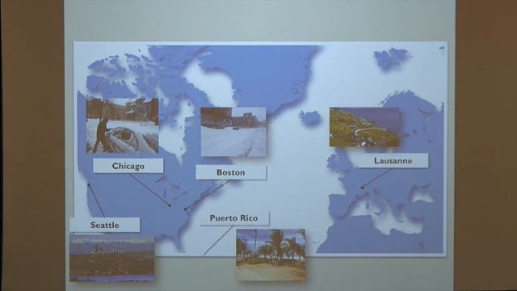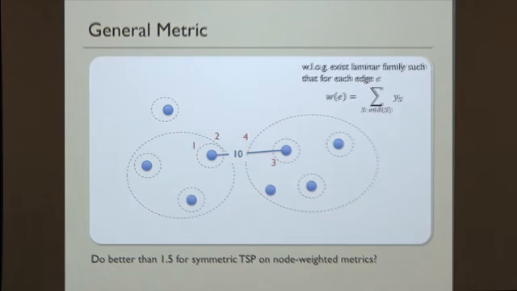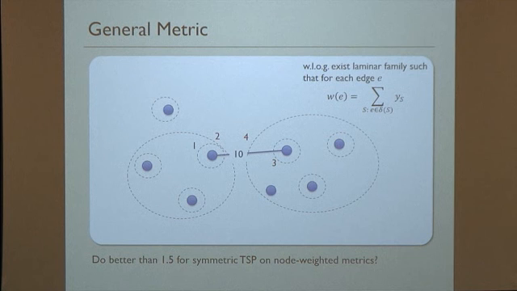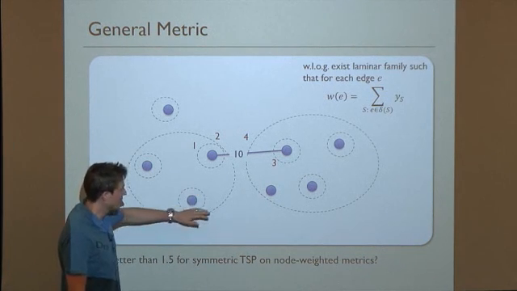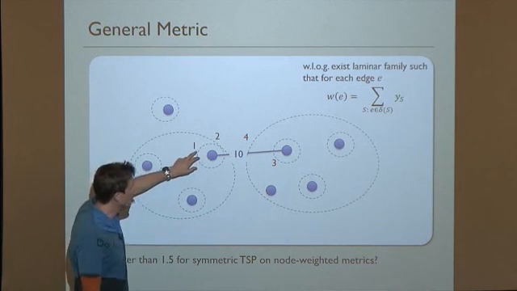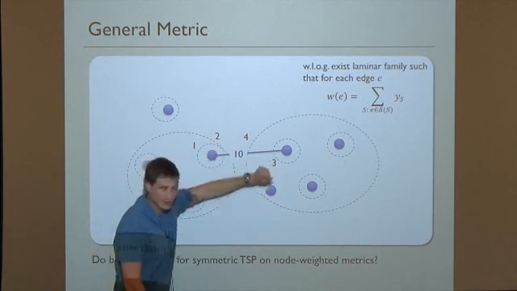Also, there is a more serious motivation, maybe. It's not too far away from general metrics. Because the metric that we actually need to solve for this problem, if you use the relaxation that we use, has a very special structure. The edges that appear in our graph, first of all, you will have a laminar set family with a value for each laminar set. Suppose this set has value 1, this has 2, this 4, and this 3.